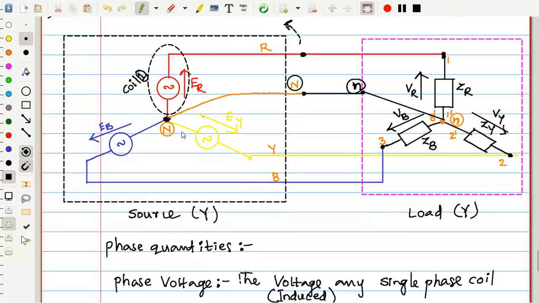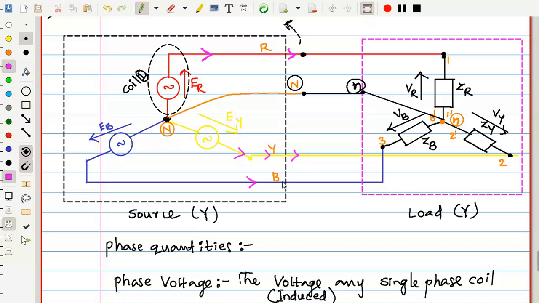Now, one more thing is, if we have one generator, then it is producing the current. The current will be outward from the generator terminals like this. So this is the current coming out of this single phase coil 1. Similarly, for the second coil, the current is coming out of this coil. So this is the coil 2 current.